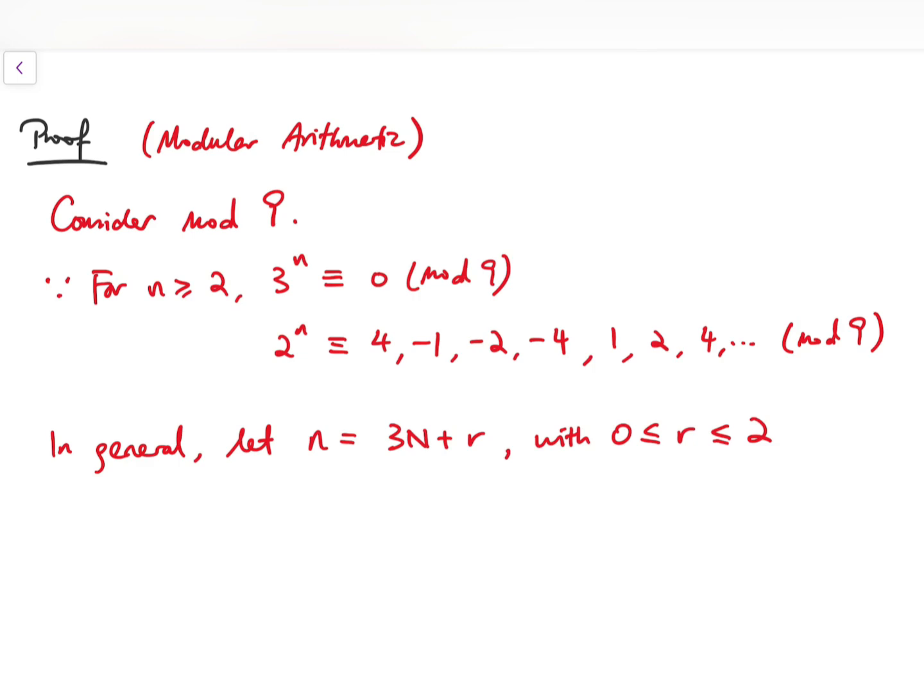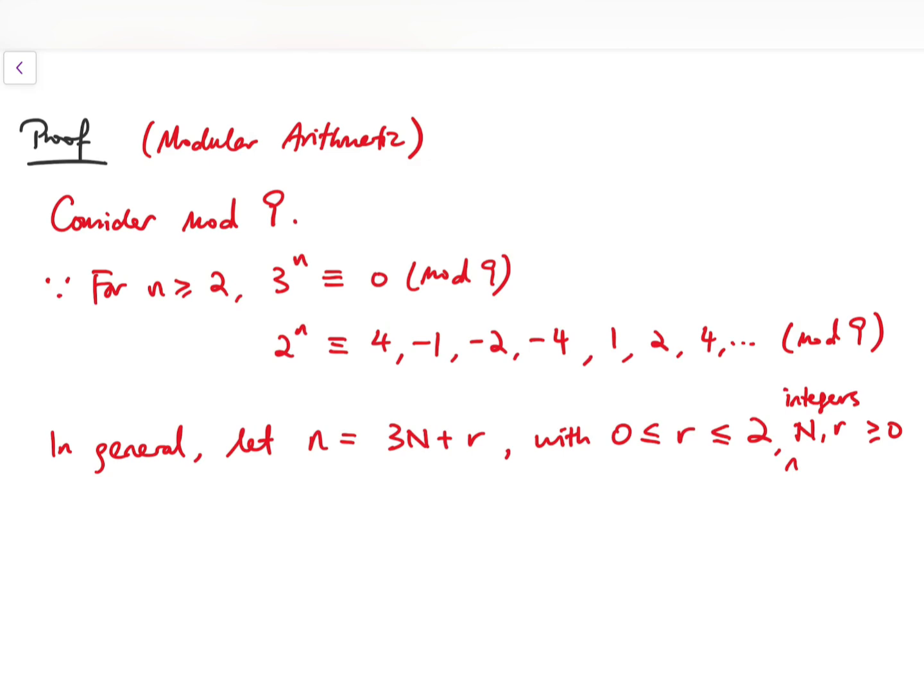So big N and r are both non-negative integers. I should not say it's positive. Sorry for the error.